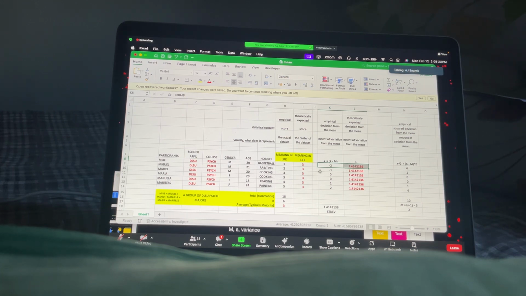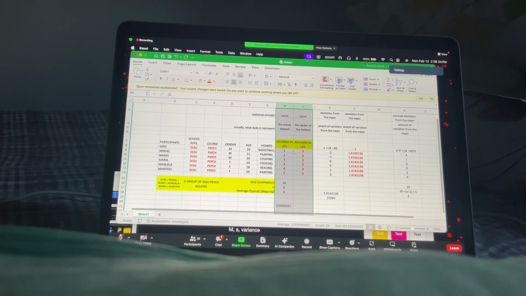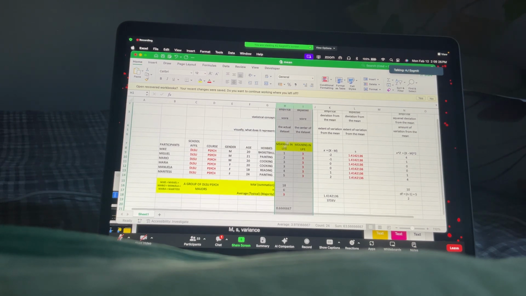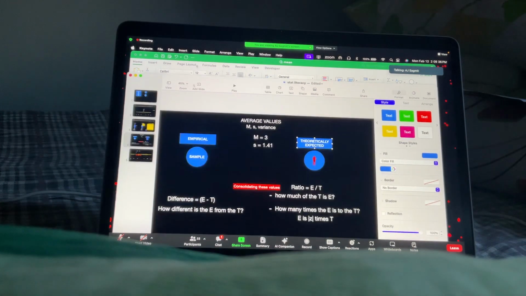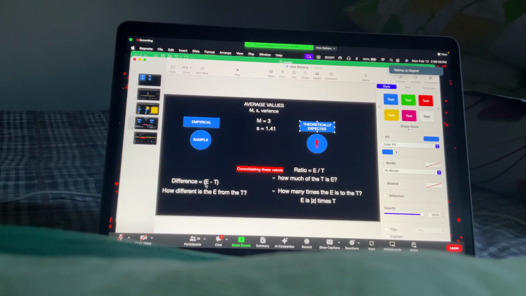Okay? So notice in the initial analysis, we consolidated this empirical score and theoretically expected score by getting the difference. And the difference is always using this formula, empirical minus theoretical. The theory operates as the standard.